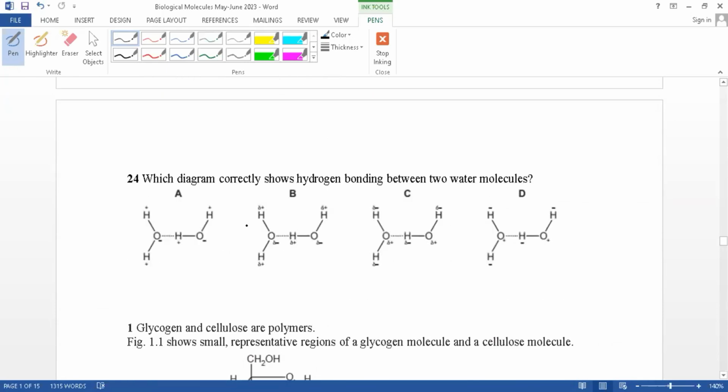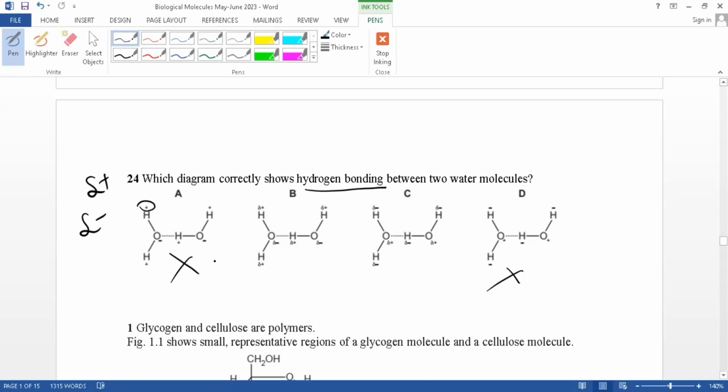And the last MCQ from February, March and May, June 2023 asks which diagram correctly shows hydrogen bonding between 2 water molecules. Hydrogen bonding between 2 water molecules, this sign is correct. They are not fully positive or negative, they are partial. So these two are incorrect, because it should always be this way, showing partial positivity and partial negativity.